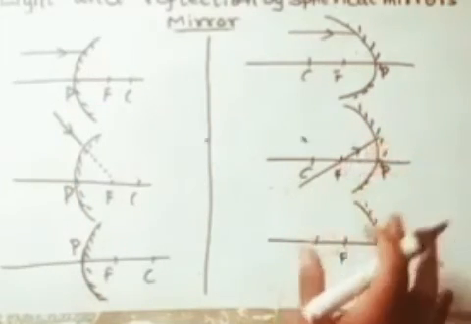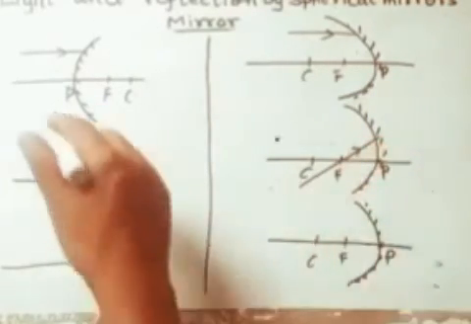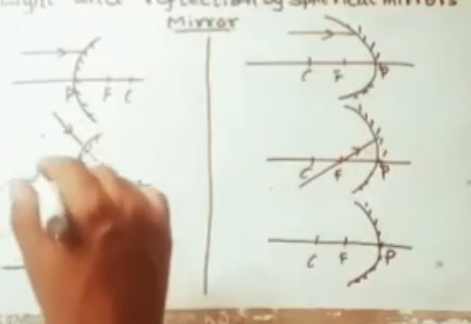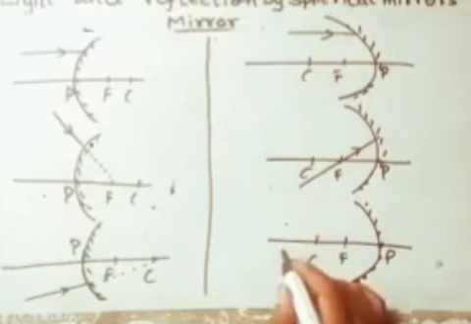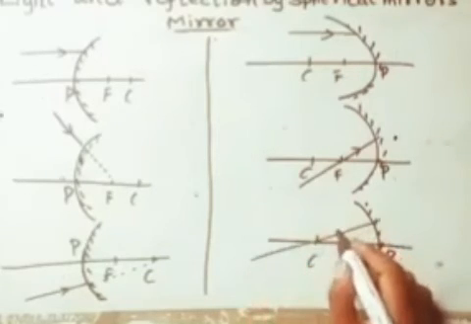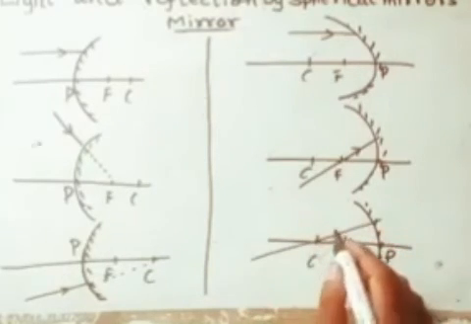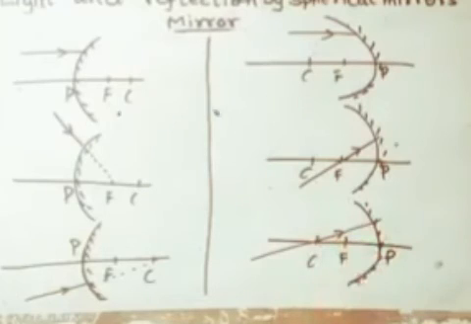In case of concave, it can pass through the focus. In case of convex, it will appear to come toward the focus. Third case, it can pass toward the center of curvature. And here, third case, it can pass through the center of curvature.